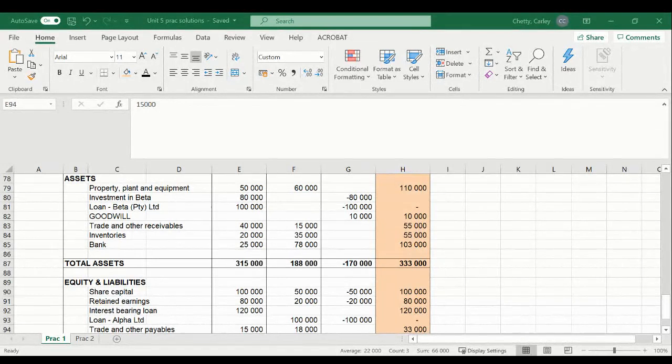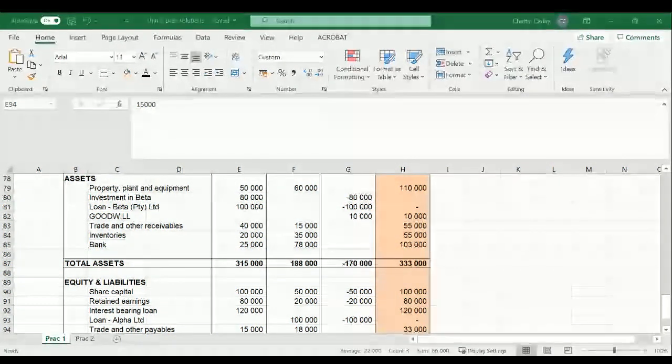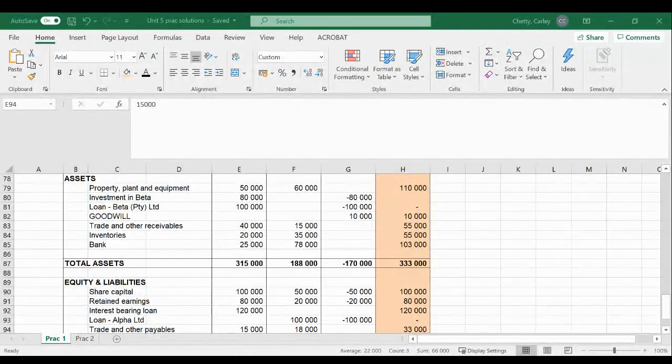But in your consolidated financial statements, the bank of Alpha and Beta is seen as one, so you would just reverse it. You would go credit bank and then debit revenue. So before you can understand what your pro forma journal entry is, you need to understand what the original journal entry was in Alpha and Beta's books. Does that make sense?